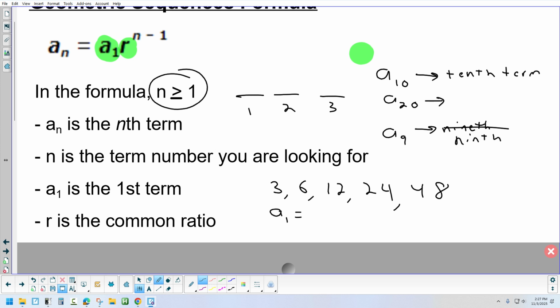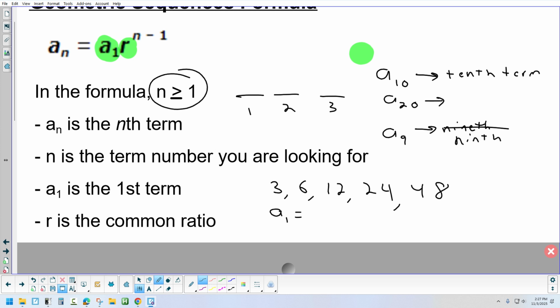What's the first term? Would you do 6 divided by 3?